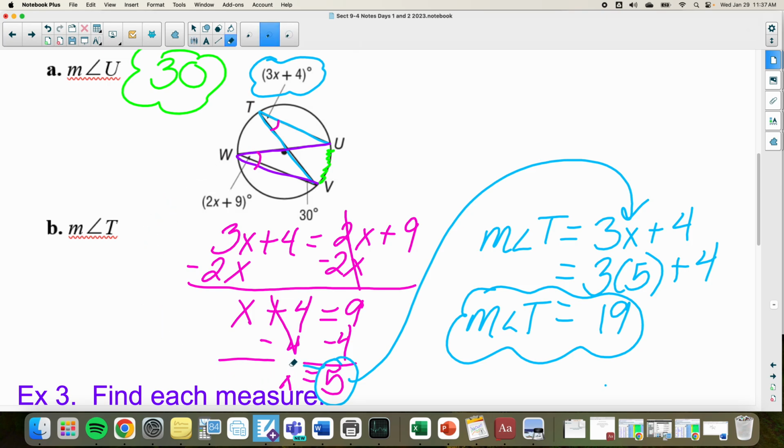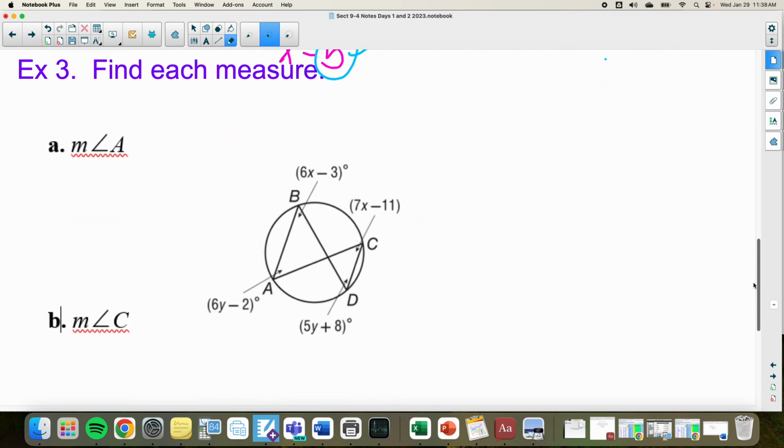All right, so let's look down here, and this is gonna be the same type of problem. So they're talking about us finding angle A. Here's angle A, here's angle D. They both intercept this arc, okay? When that happens, that means A and D are equal.